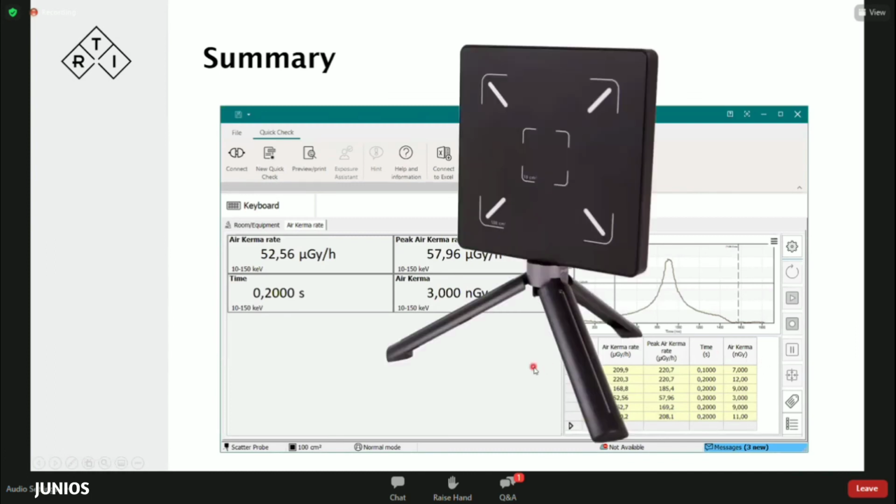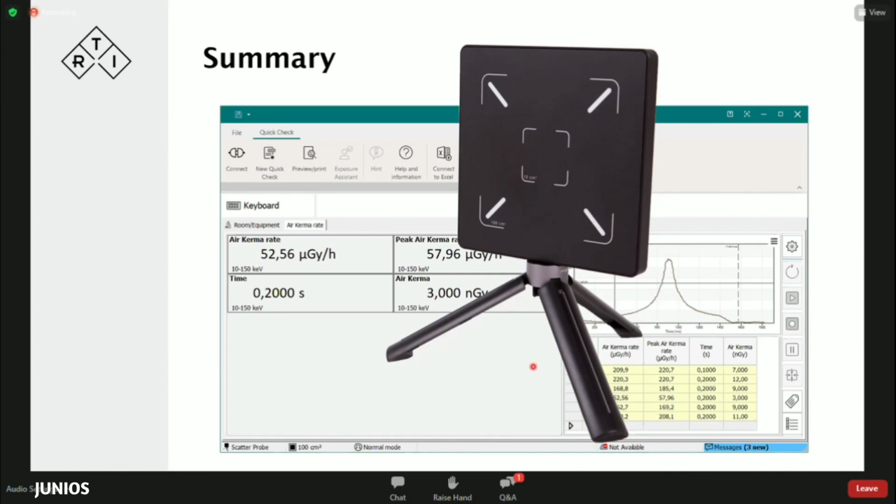All right. So in summary, we're now coming to an end of this presentation, and I hope we were able to share with you a good review of the scattering leakage measurements and how that could be done, and a possible new instrument that measures leakage.